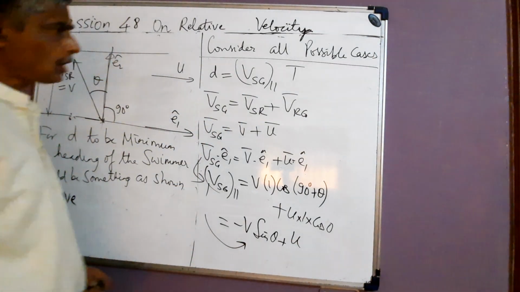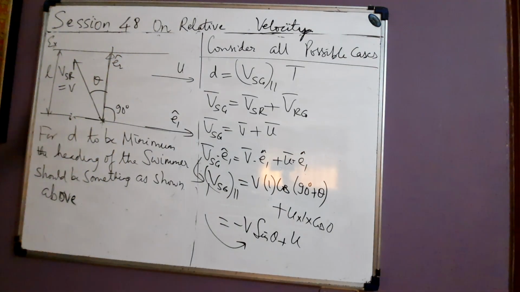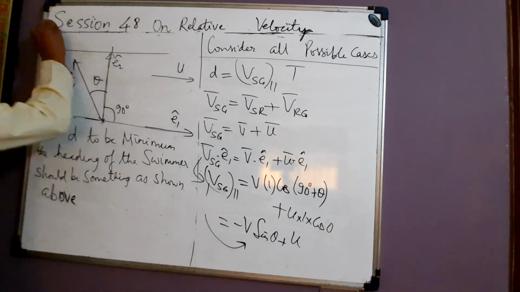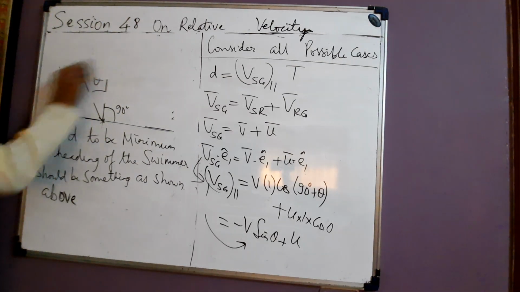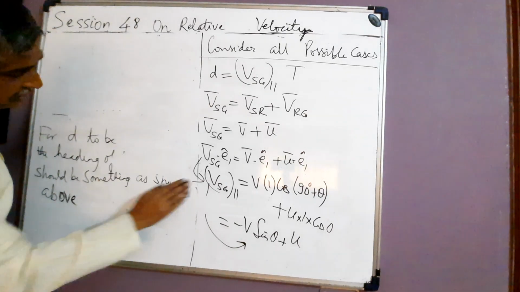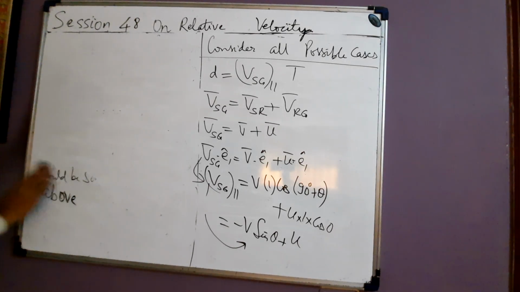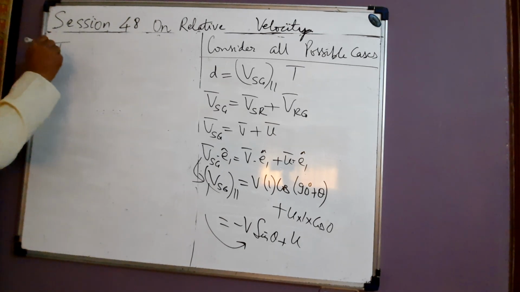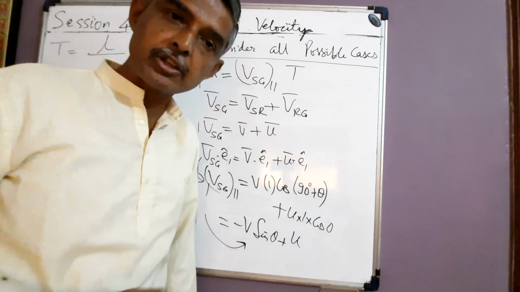Now we also have to find the value of T. T is the time taken by the swimmer to cross the river, as discussed in the 47th video. Capital T is the width of the river divided by the component of VSR normal to the river flow direction.